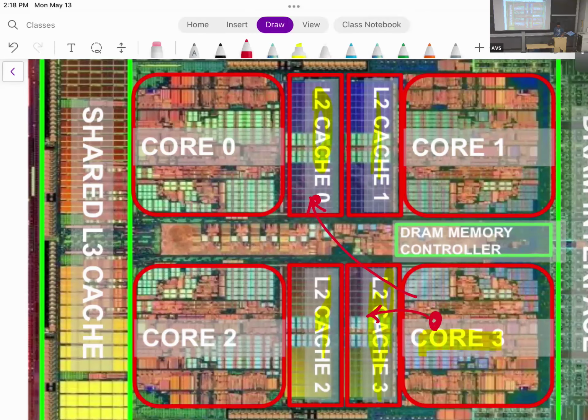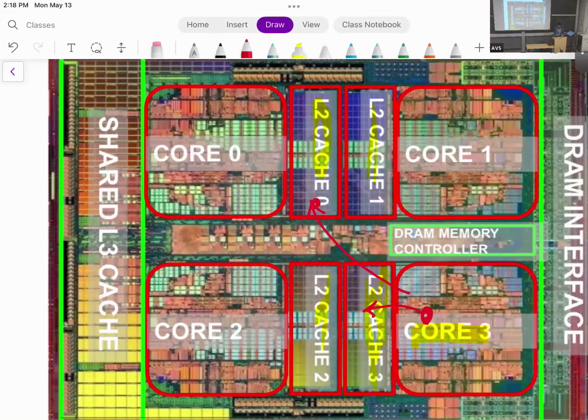Then things get even worse with the L3 cache, because data from this core might be very close, but from core number 3, things might be farther away. There is lots of research on the interconnect design and how you slice the data, in order to minimize this latency. Okay. So this is the story of cache.